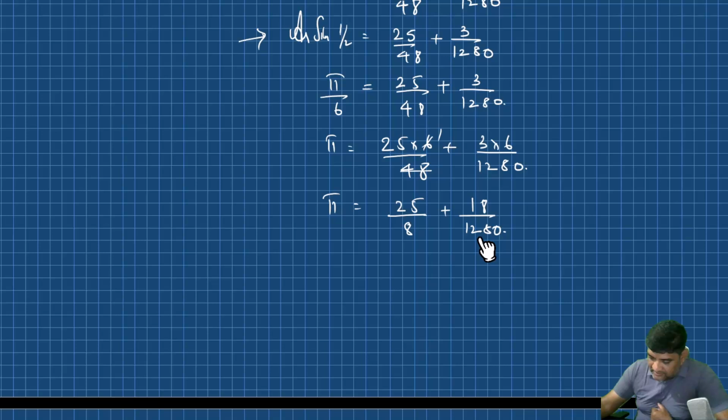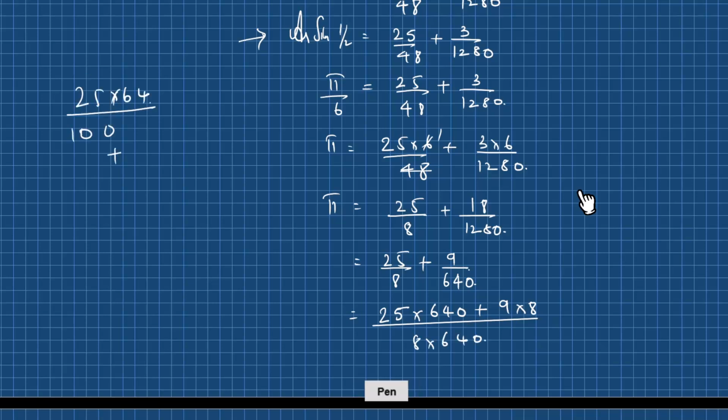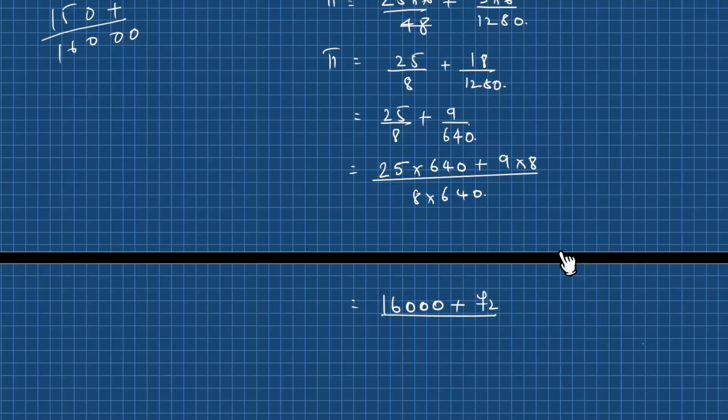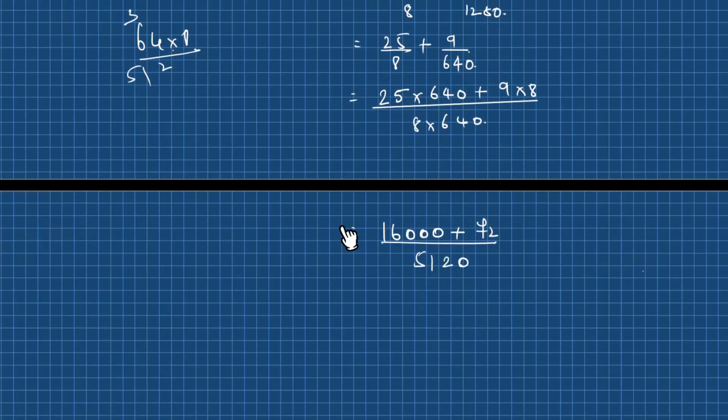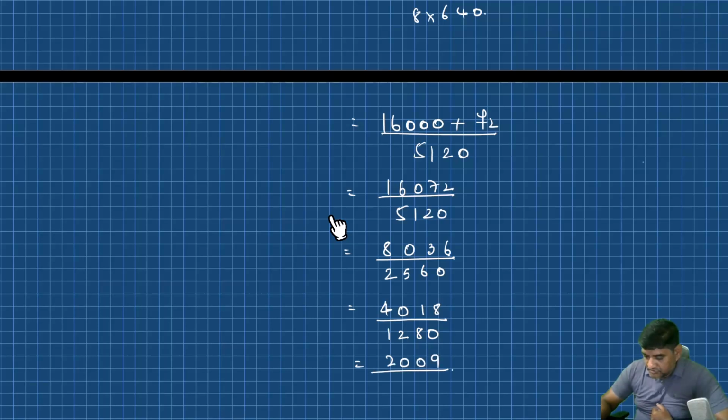I'm just thinking, what if we could reduce this a bit before we can take an LCM? To 640.